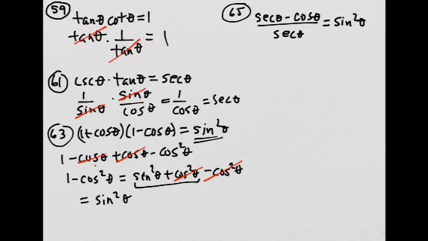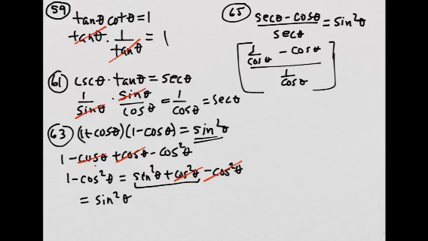Alright, so the approach I'm going to take for this one is I'm going to convert the secant to 1 over cosine. So 1 over cosine minus cosine over 1 over cosine. And then I'm going to get rid of the complex fraction by multiplying top and bottom by cosine.